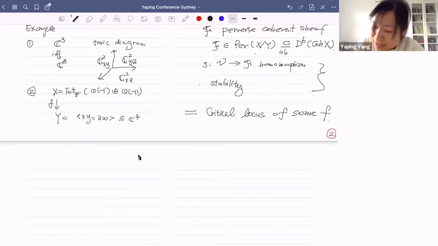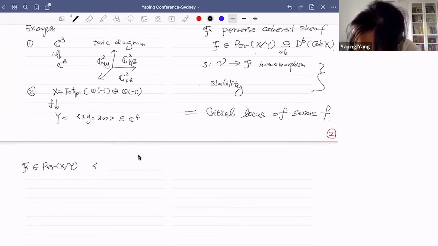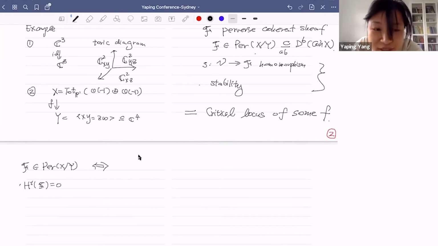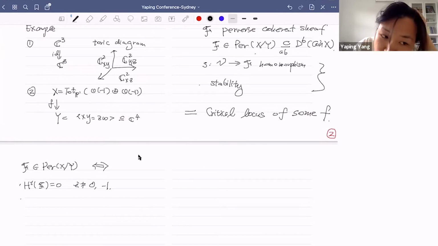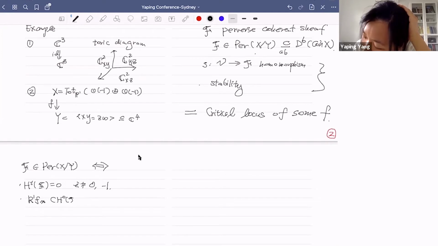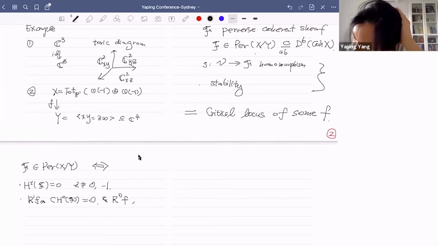A complex F is perverse coherent if and only if the cohomology of F is concentrated in degrees 0 and -1, that is, h^i equals 0 if i is not equal to 0 or -1. Also, the pushforward f lower star of h^0 is trivial, and the pushforward of h^-1 is trivial.